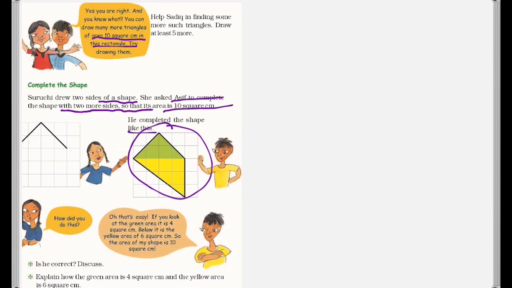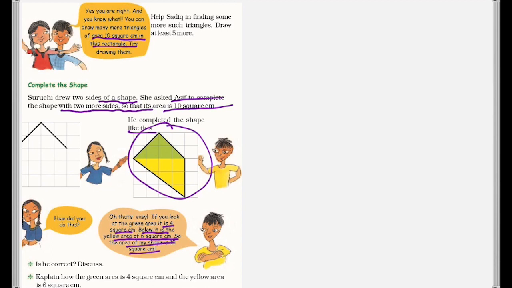If you look at the green area, it is 4 square centimeter. Below it is the yellow area of 6 square centimeter. So the area of my shape is 10 square centimeter. So is he correct? Do you think that he is correct or not? Okay, so yes, he is correct.